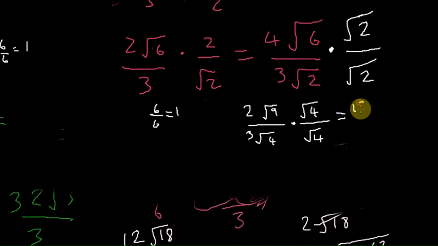So the square root of 4 is 2, so that's 6, times 2 is 12. See that? 2 times 2 is 4, 4, 8, 12. Which means that that works.